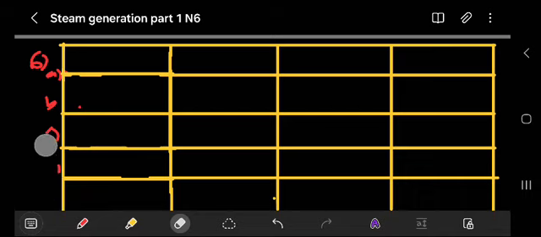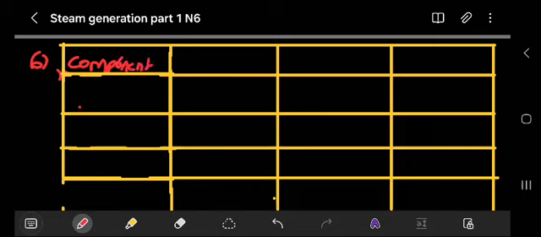I want to make it accurate. All right, here we can have our components, and here the formula. Our heat is in kilojoules per kg, and our percentages there.